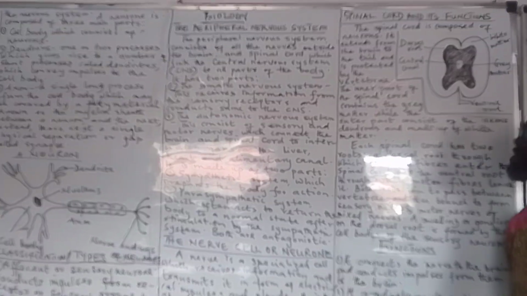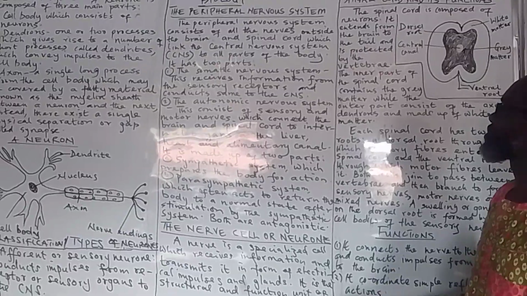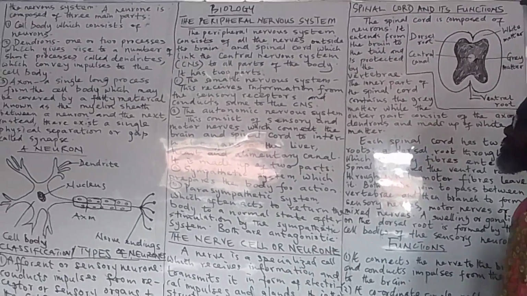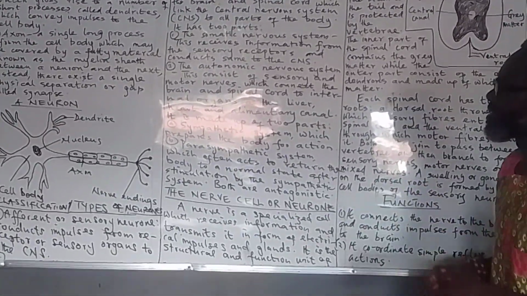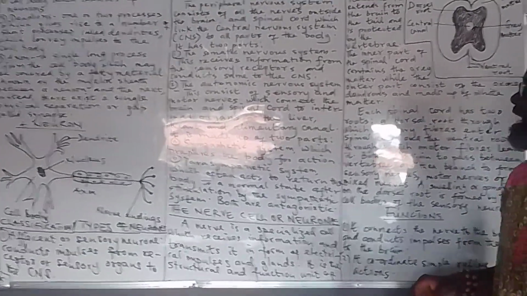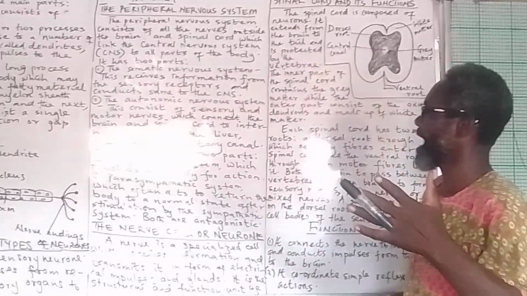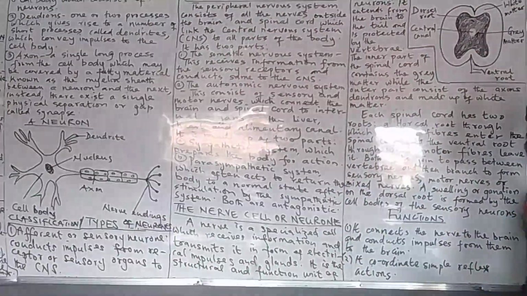We also have the autonomic nervous system. This consists of sensory and motor nerves which connect the brain and the spinal cord to the internal organs such as our liver, heart, and the alimentary canal.